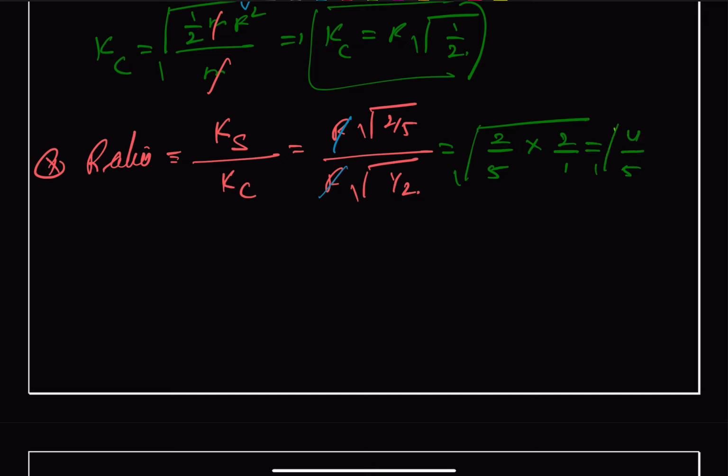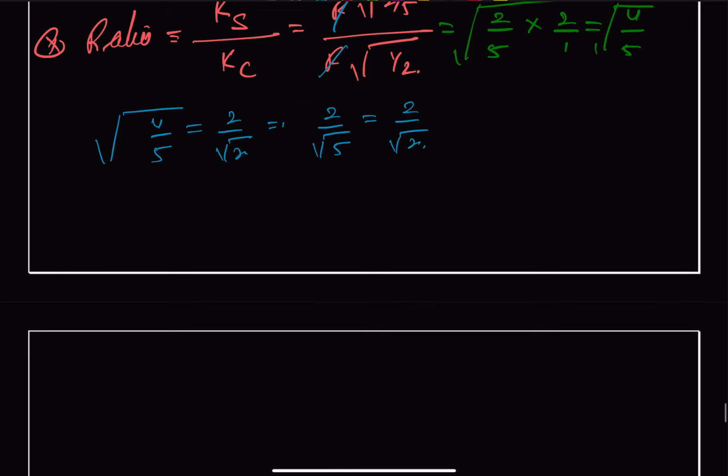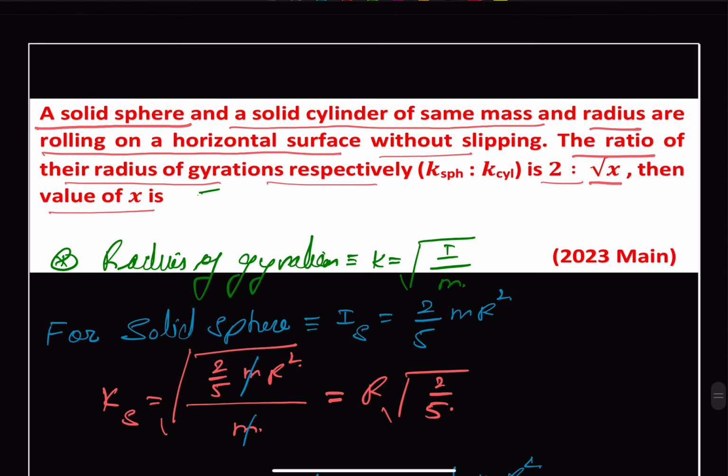We are given that the ratio is the square root of 4 upon 5 is equal to 2 upon square root of x, and this can be written as 2 upon square root of 5 is equal to 2 upon square root of x. Therefore, we get that the value of x will be equal to 5. Value of x is 5.